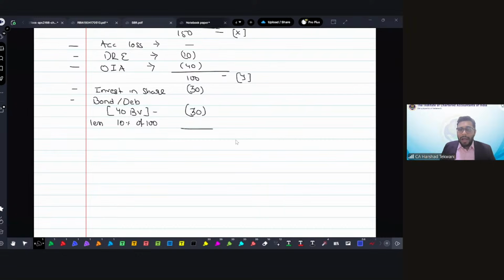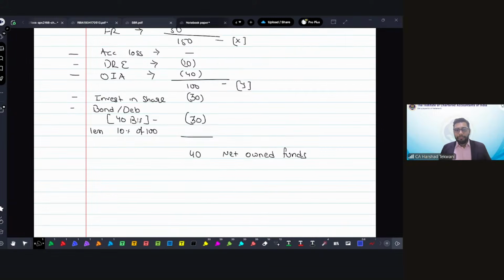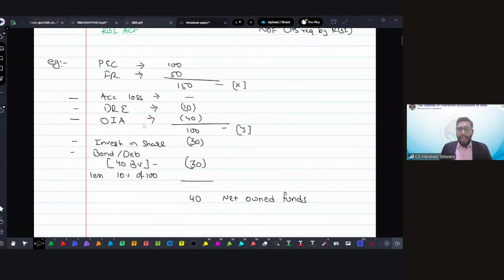And then the amount that you will have at last, 100 minus 30, and 30, it is 70 that is remaining, is your net owned funds. Clear? Example of net owned funds calculation.